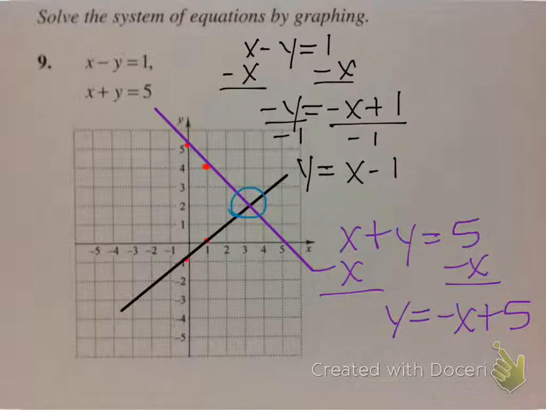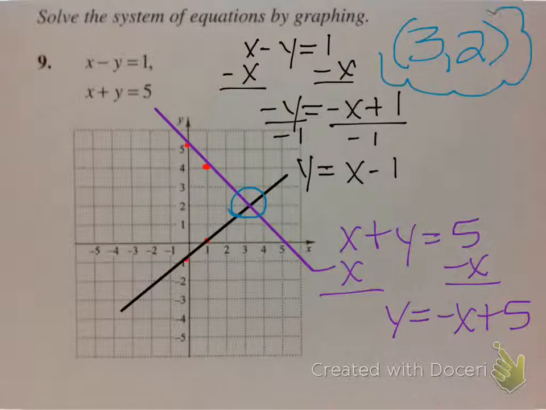That point right there where they intersect is going to be my solution. So it looks like it is (3, 2). You could always plug in 3 for x and 2 for y into both equations to verify. So in my top equation, 3 minus 2 does equal 1, and in my bottom equation, 3 plus 2 does equal 5. So my solution is (3, 2).